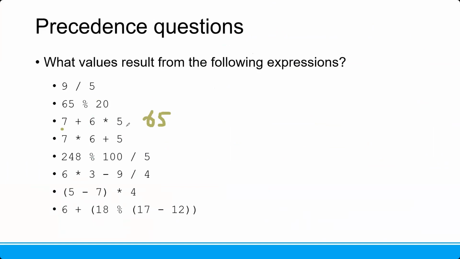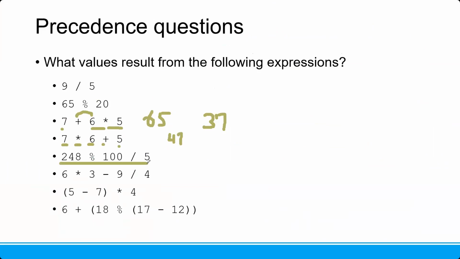The result is 37. Why? 6 multiplied by 5 first, and then we do the addition. Oh, sorry, 7 multiply 6 plus 5, and it is 47. Okay.